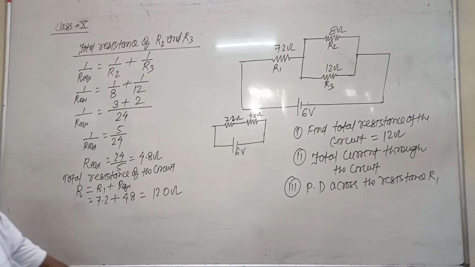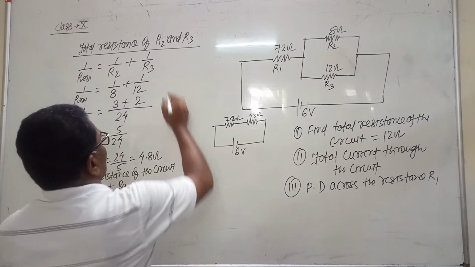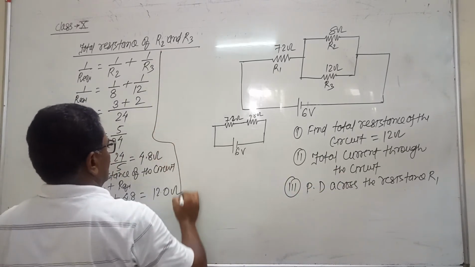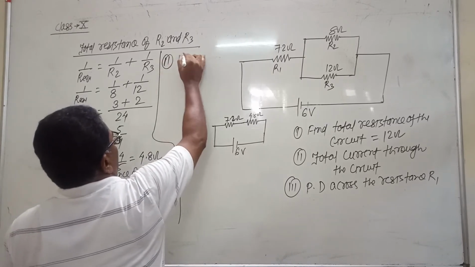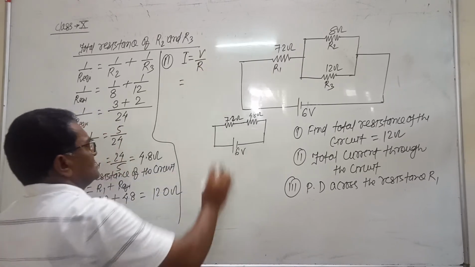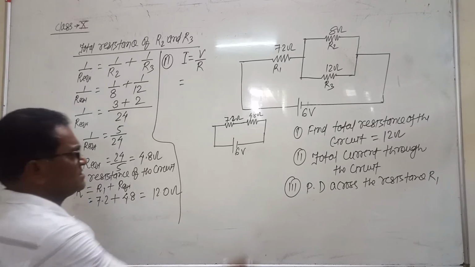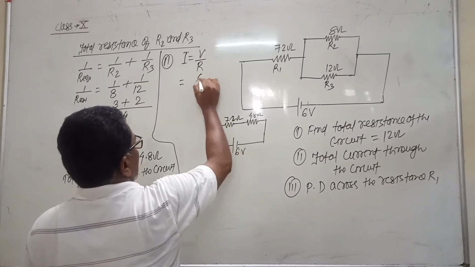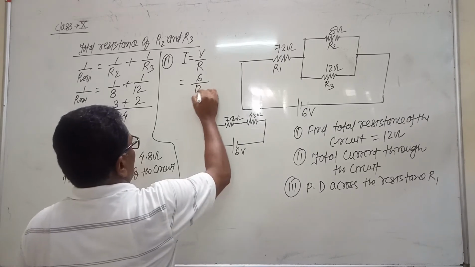Next we have to find the total current through the circuit. For finding the total current, we use the formula I equals V by R, total potential upon total resistance. So total potential difference is 6 volt and total resistance comes to be 12 ohm.